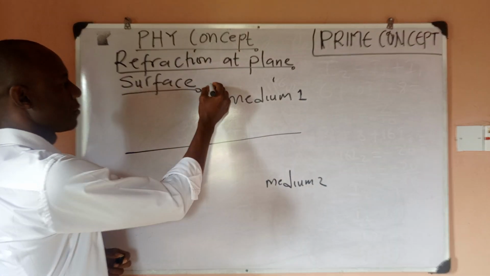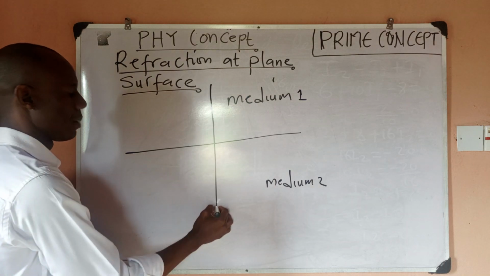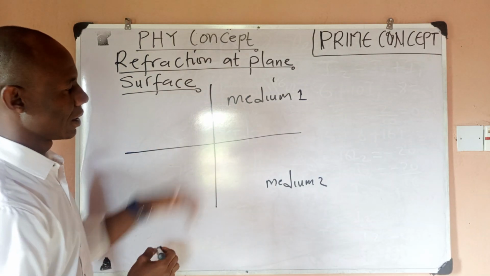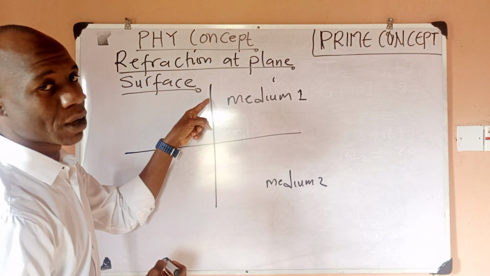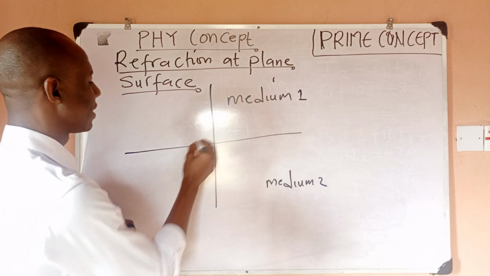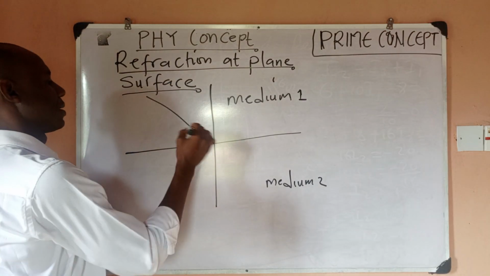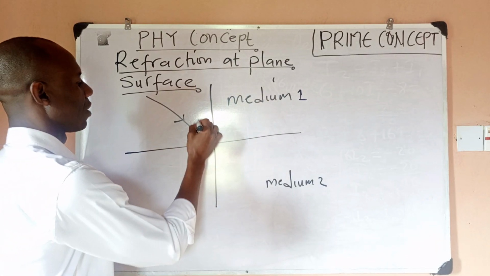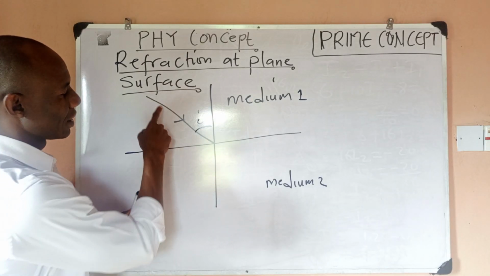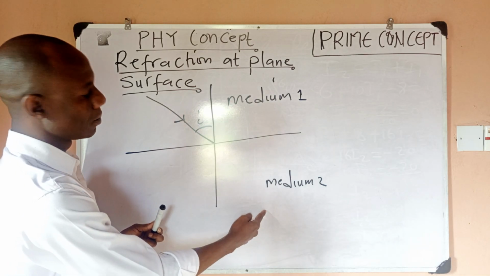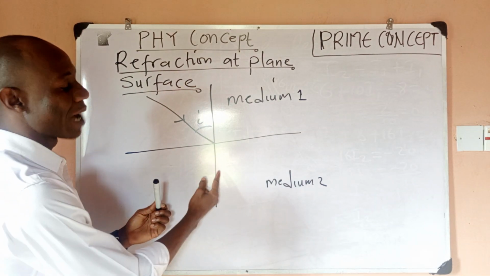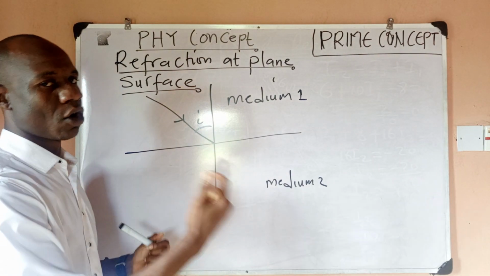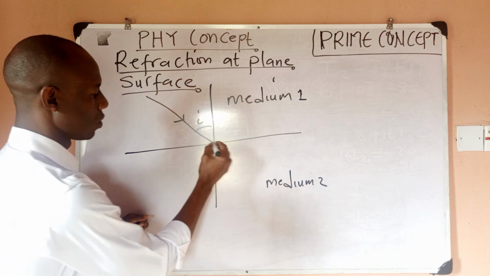Say I have a perpendicular line like this, which represents what you know as your normal. If I incident light in this first medium such that the angle of incidence is i, when this light enters this other medium, it will bend either away from your normal or towards your normal. So we would have this.